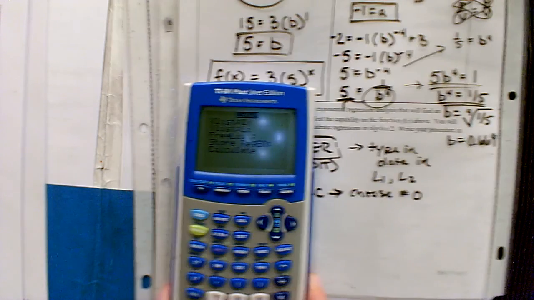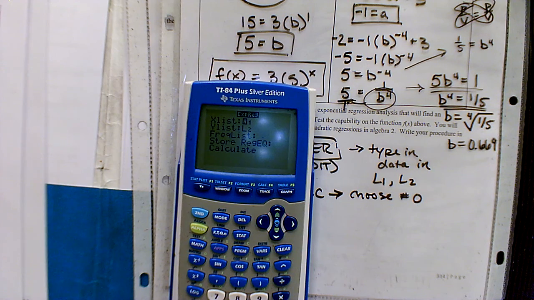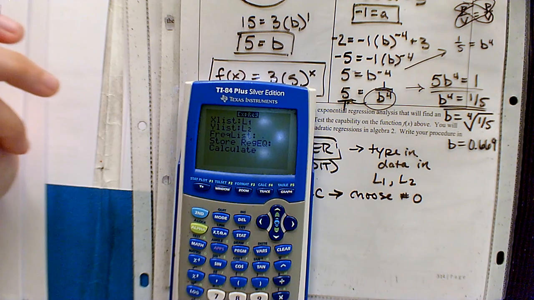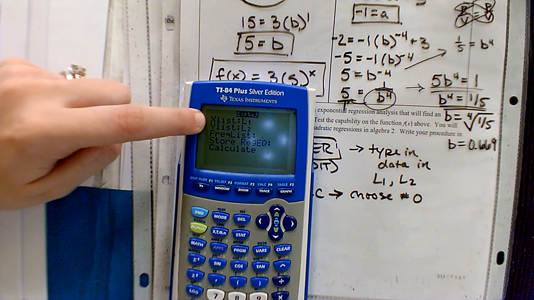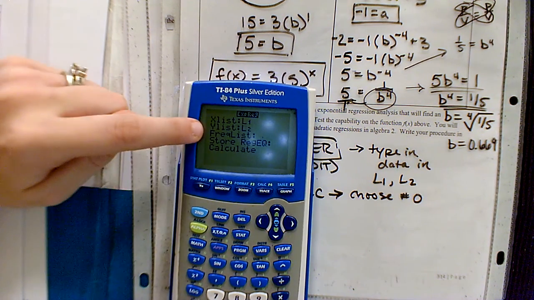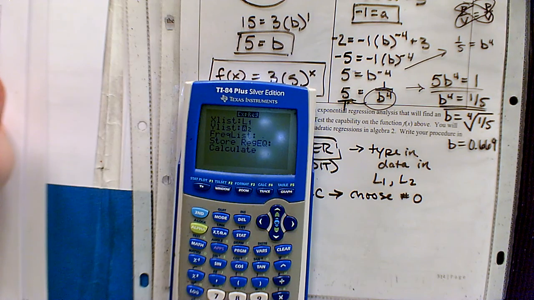Now, depending on the operating system on your calculator, this screen may or may not show up. This is just your calculator's way of double checking to make sure that you did everything you wanted to do. Did you list your X values in L1? I'll hit enter for yes. Did you list your Y values in L2?